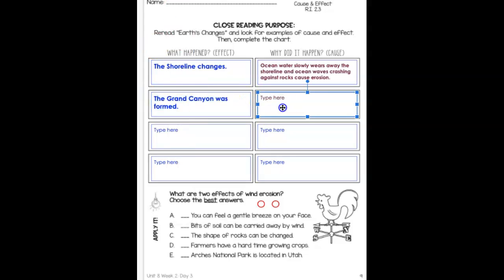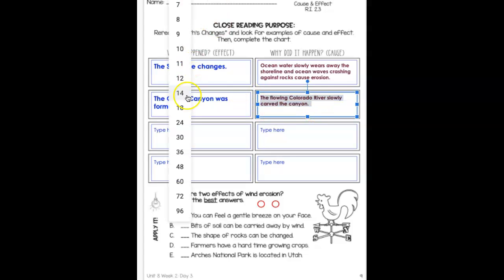The Grand Canyon was formed, and why? What caused it to be formed? Why was it formed? We said that the flowing Colorado River slowly carved the canyon. Okay? Perfect. You guys did awesome.